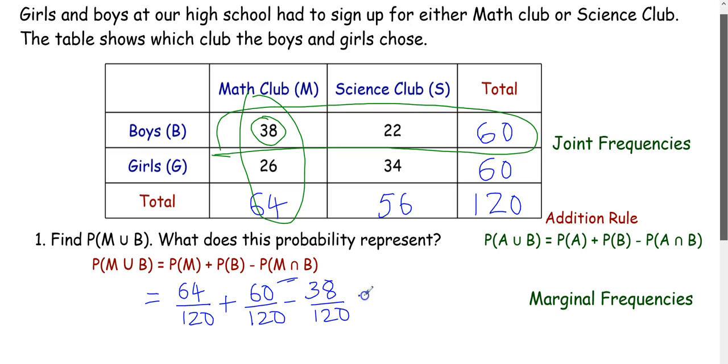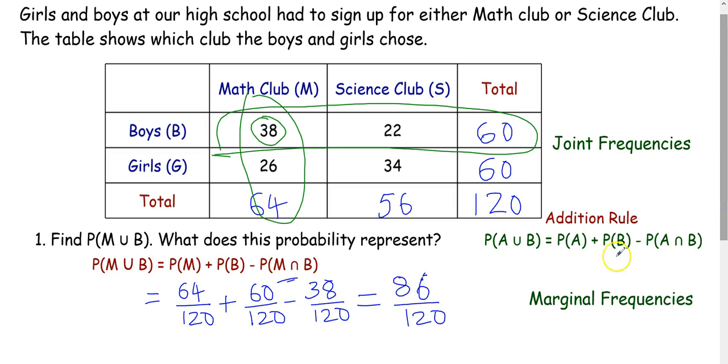Now on simplifying this, all three denominators are the same, so I can just write down 120, and now 64 plus 60 minus 38. On adding 64 plus 60, you get 124, minus 38 gives you 86. 86 over 120.